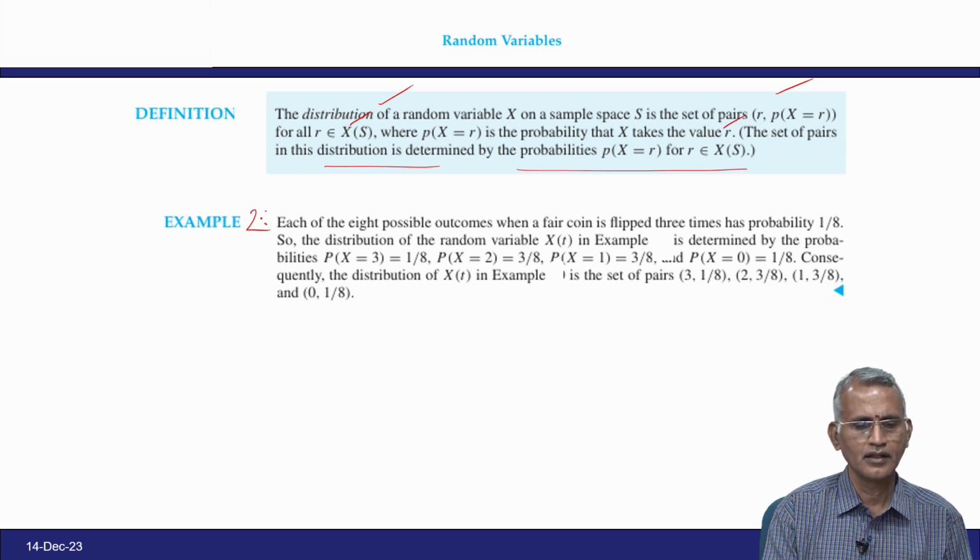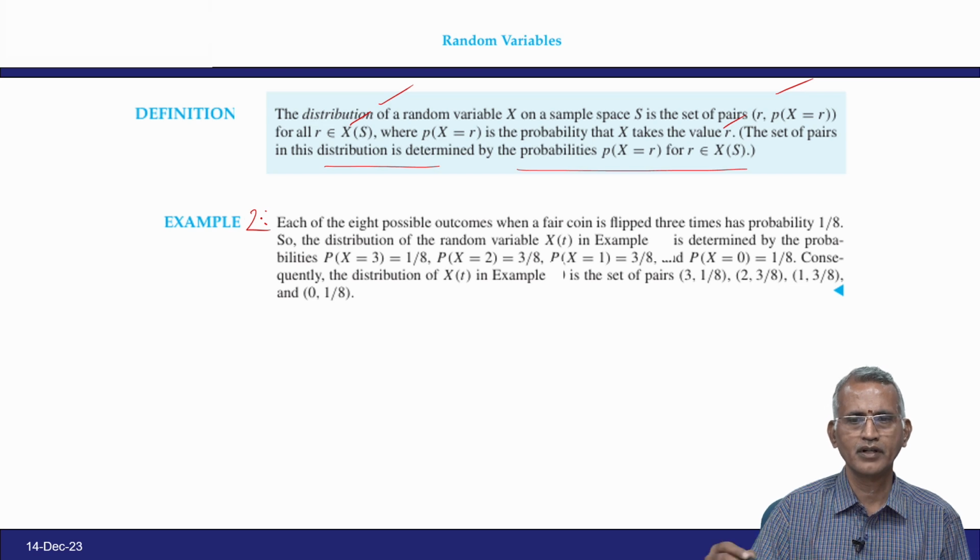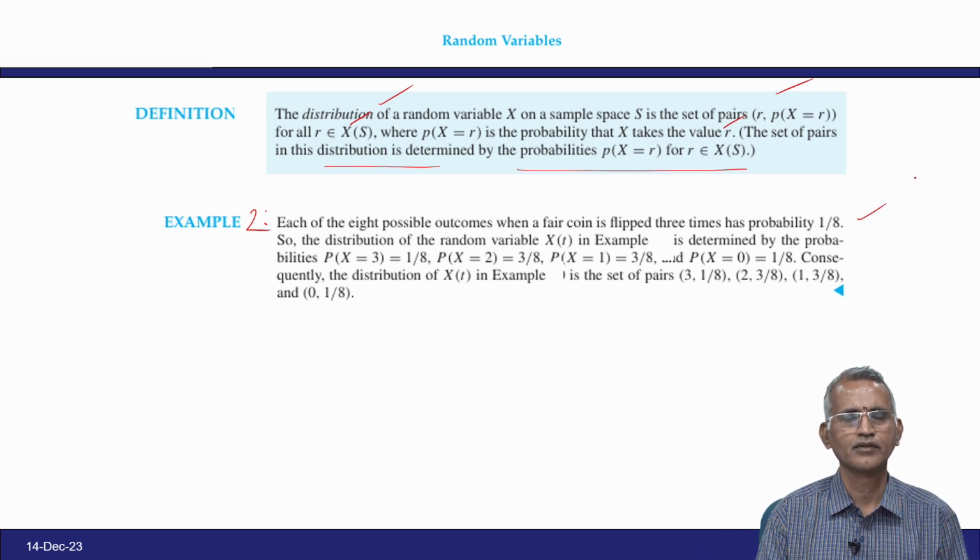Example 2. Each of the 8 possible outcomes where a fair coin is flipped 3 times has a probability 1/8.